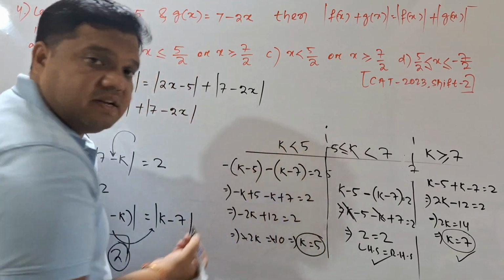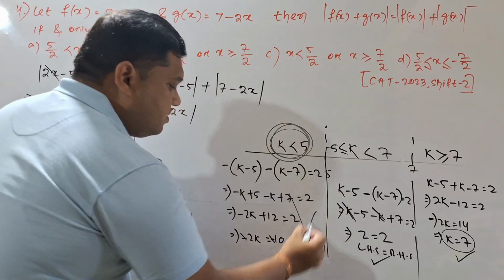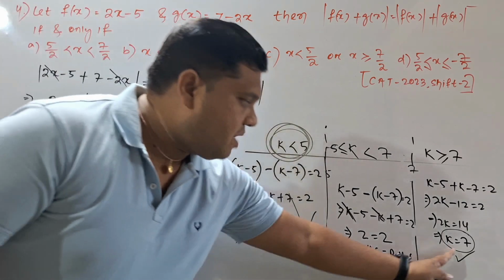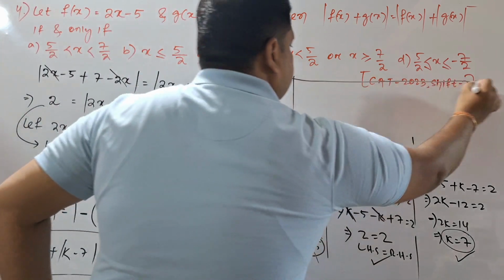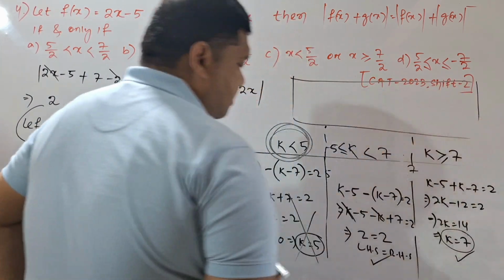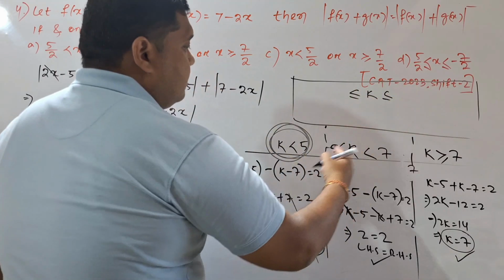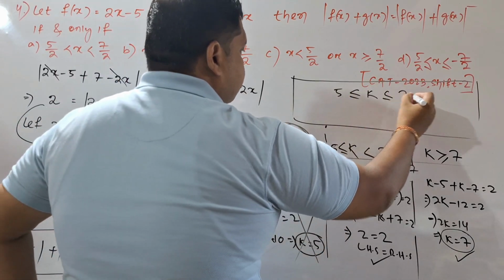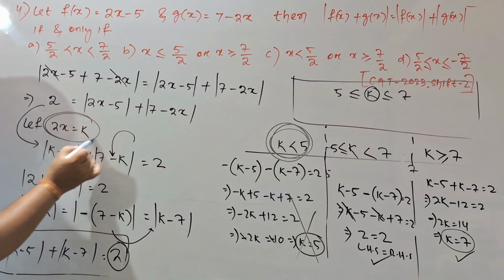But here this region is k less than 5, and I get k equal to 5. Not possible. So if I combine these two, the k value lies within 5 to 7. And k means I assumed 2x is equal to k.